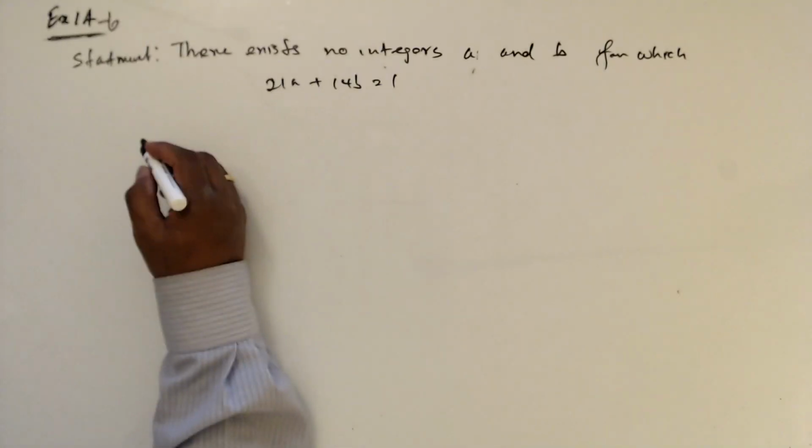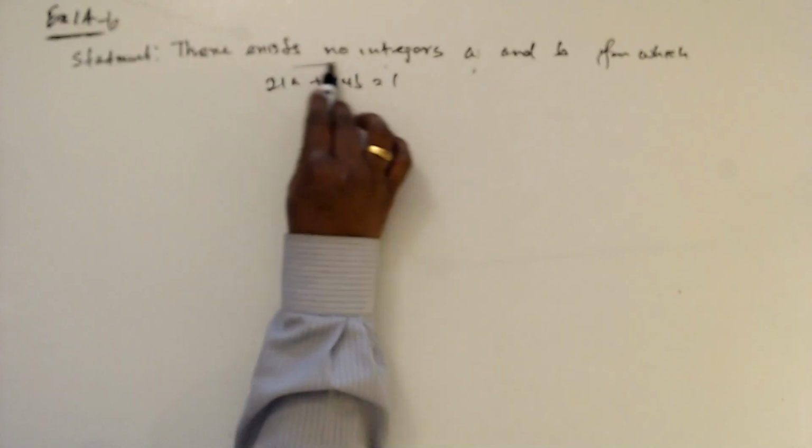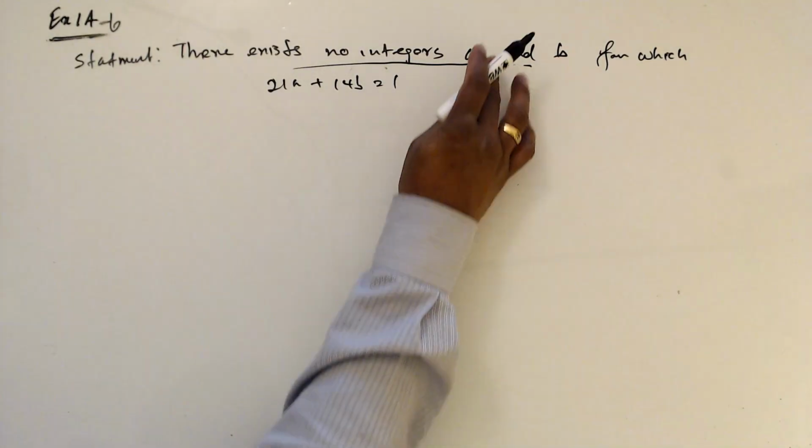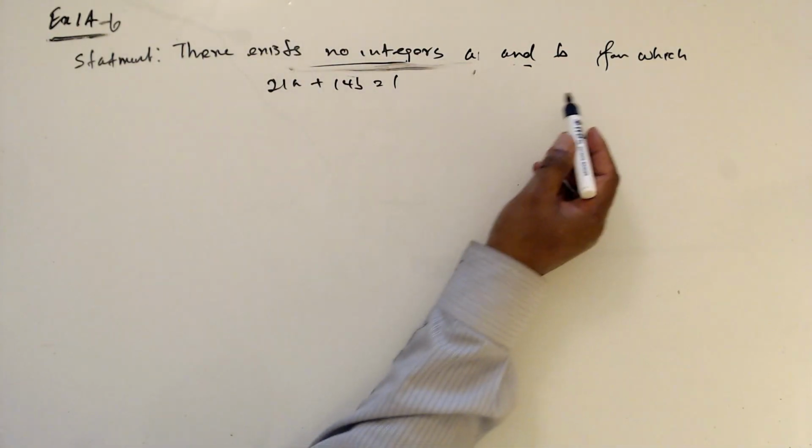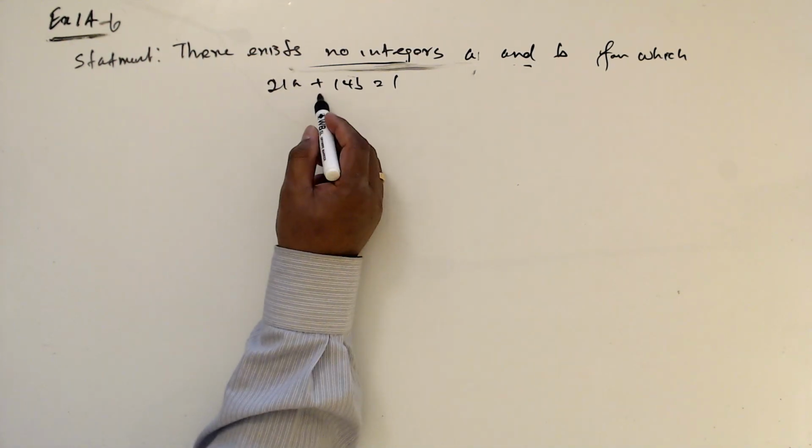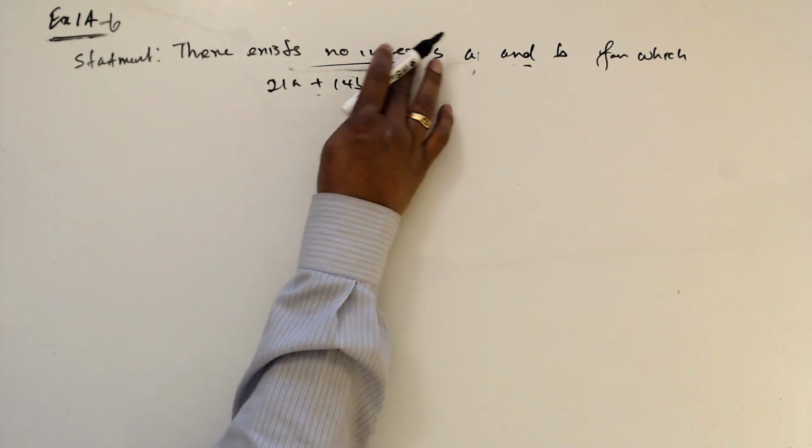Question number 6. The statement is there exists no integer a and b for which 21a plus 14b equals 1.